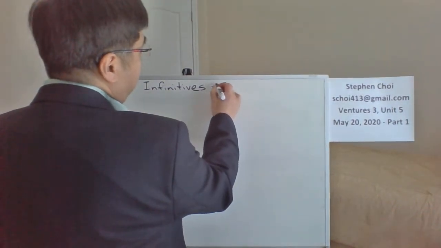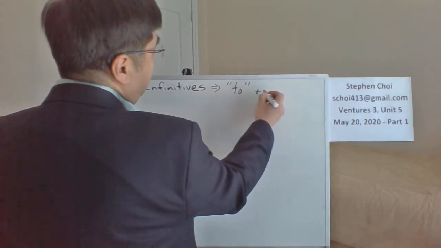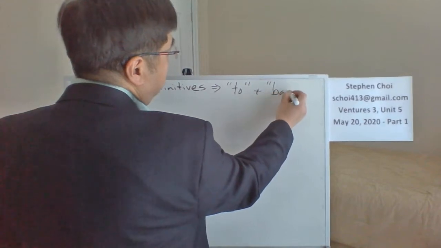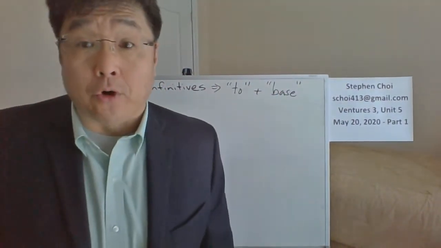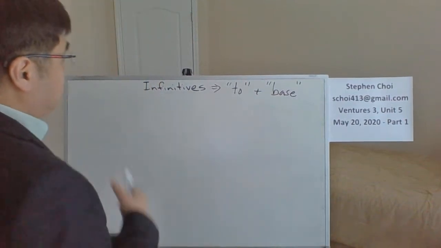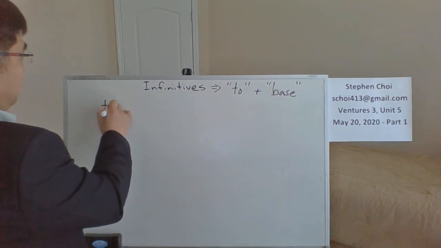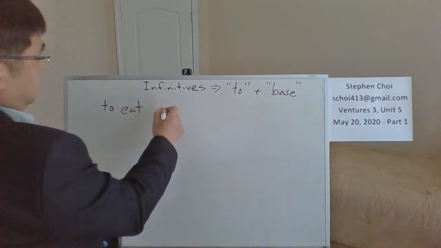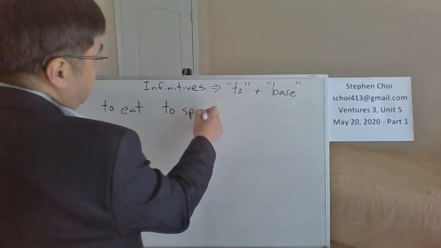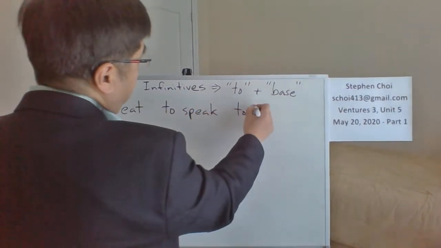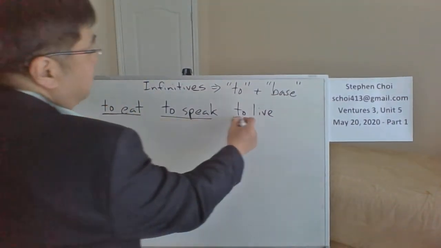Infinitive is to plus the base form. For example, you can say to eat, to speak, to live. So this is how you make infinitives.